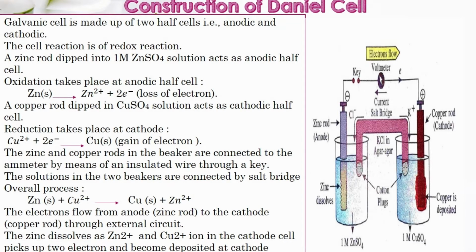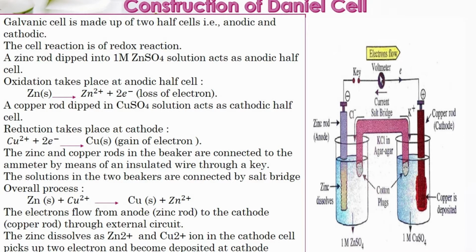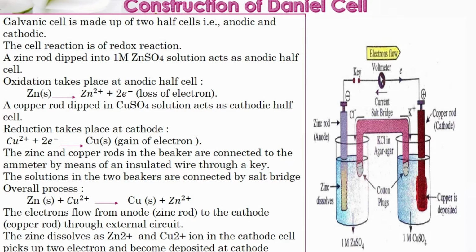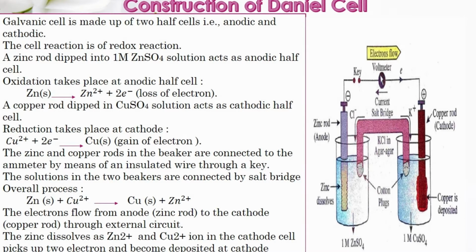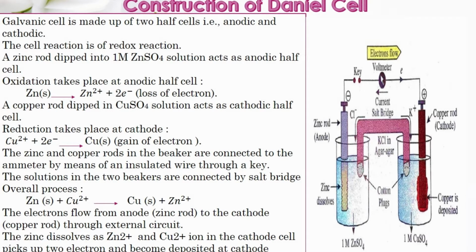The second observation is that the concentration of Zn2+ ions in the zinc sulfate solution increases. This is because the zinc rod is getting oxidized to Zn2+ ions and these ions will be present in the zinc sulfate solution. So only the concentration of Zn2+ ions in the zinc sulfate solution increases.